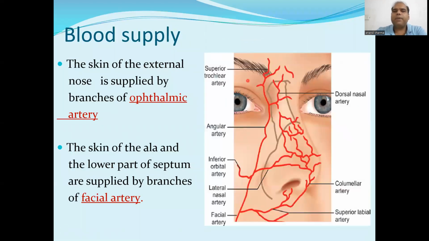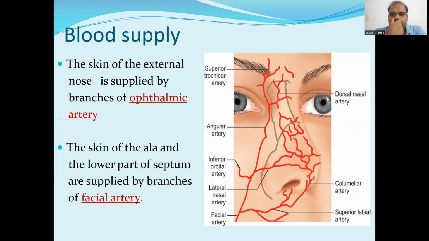Now the blood supply of the external nose. The skin of external nose is supplied by branches of the ophthalmic artery. Also, the skin of ala and the lower part of the septum is supplied by branch of the facial artery. Here we can see the facial artery is giving branch to the superior labial and columellar artery, which is supplying to the columella and the anterior inferior part of the nasal septum.